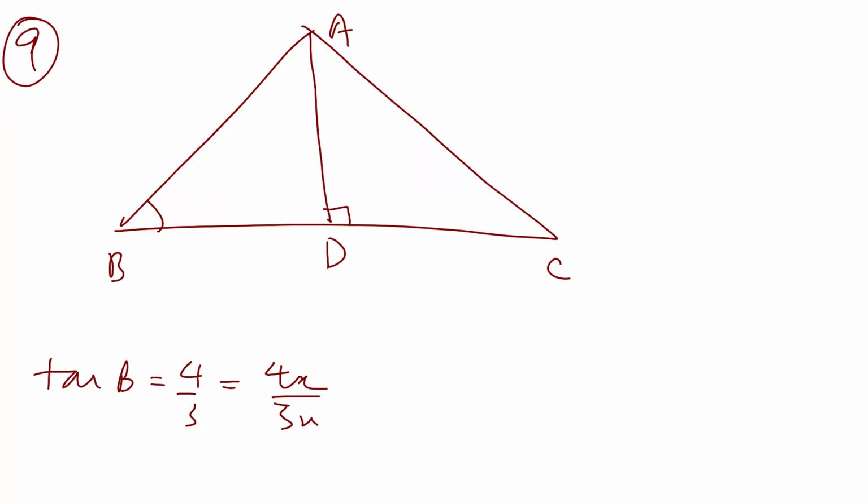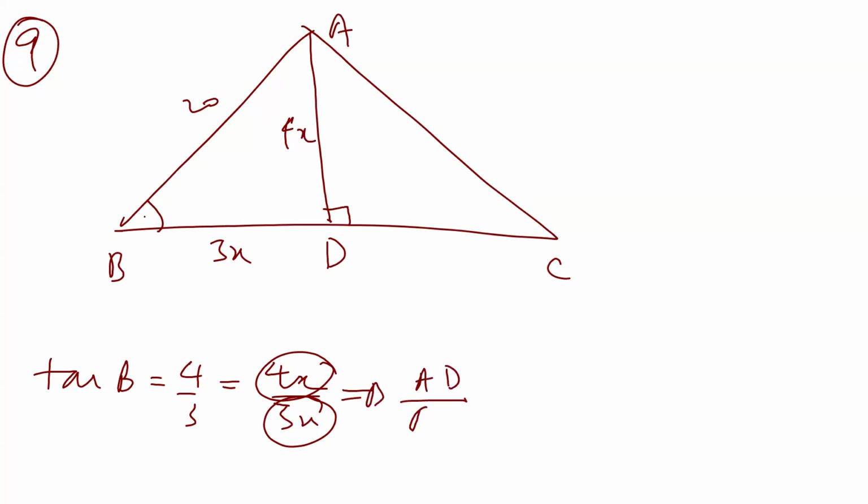Okay. So for B, what is the opposite side? It is 4x. And what is the adjacent side? It is 3x. Okay. And AB is 20, right? So this is equivalent to AD upon BD, right? So AD is 4x, BD is 3x. That's how we calculate.